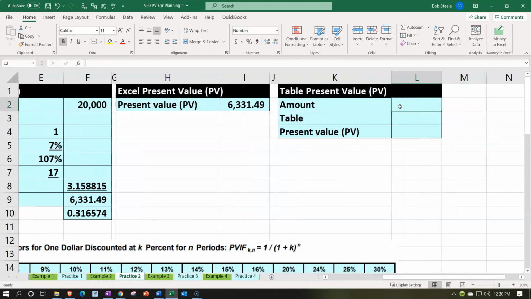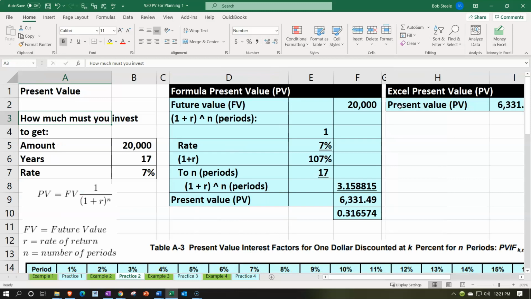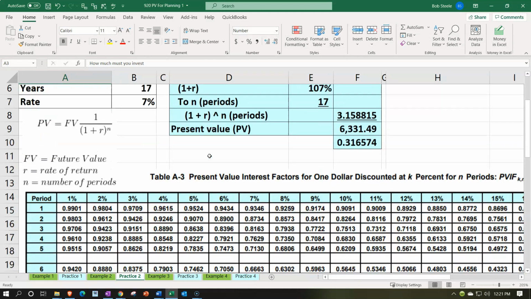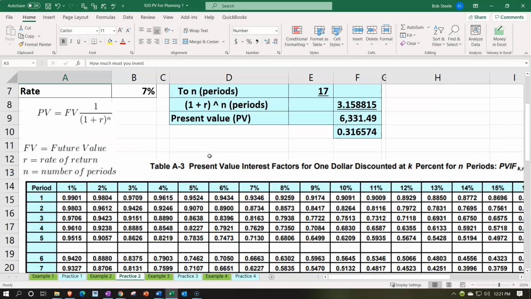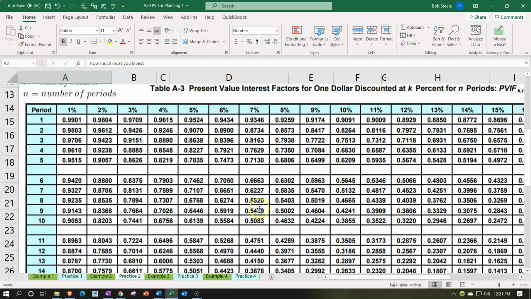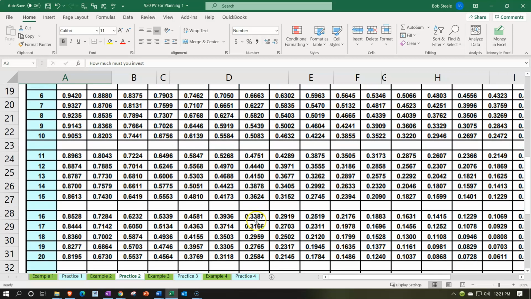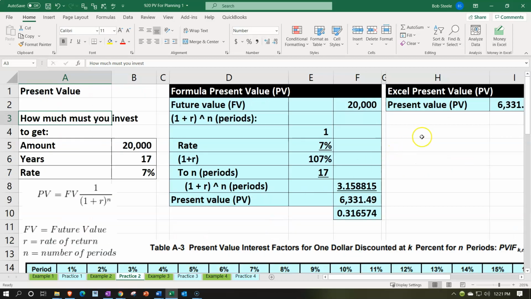Magic. Then we're going to go over here and say that we'll start at the 20,000. Again, now use the tables this time. Tables, we want the 17 years at 7%. 17 years at 7% is going to be 0.3166. They're not nines.